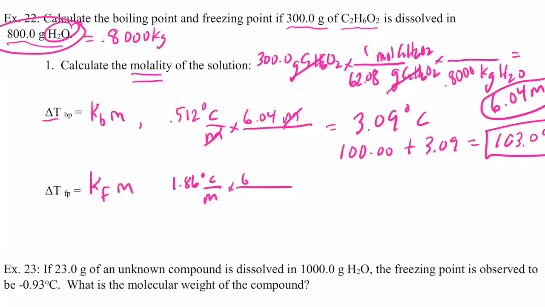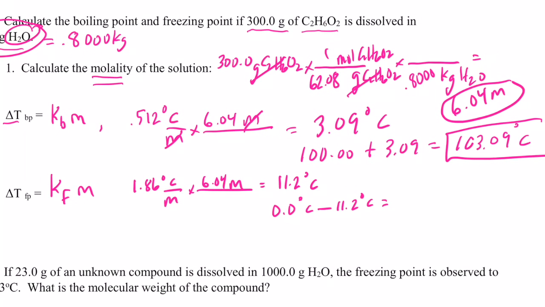Times the molality, 6.04 molal, gives us a freezing point depression of 11.2 degrees Celsius. So normally water freezes at 0 degrees Celsius. We subtract the freezing point change, 11.2, so my freezing point will be negative 11.2 degrees Celsius.